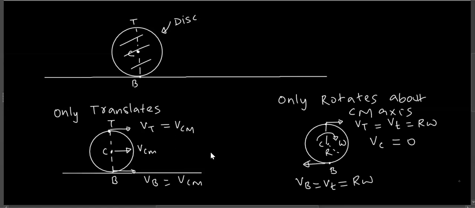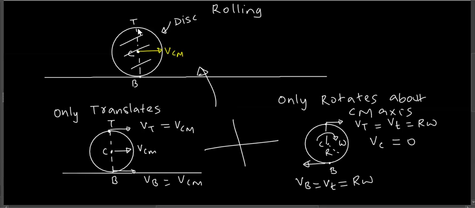Now, if I combine these two, the translation as well as rotation, then I have rolling. You get what I'm saying? So now the center of mass will have this Vcm.